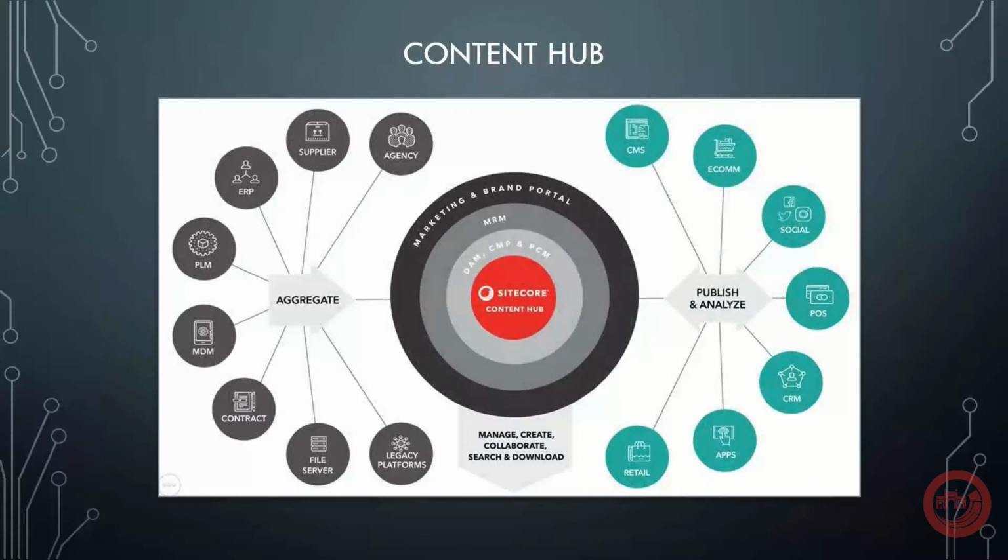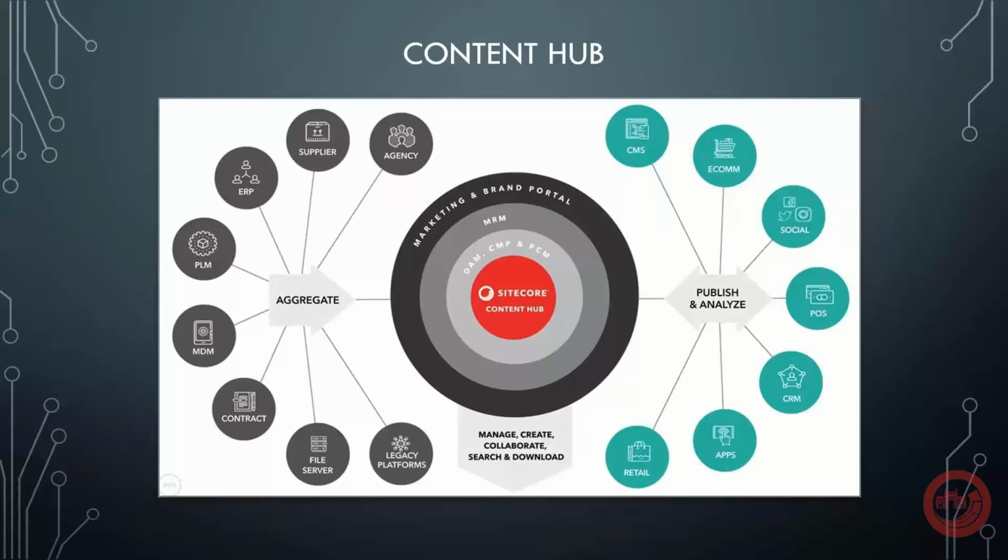So here is the famous picture that's presented in many Content Hub sessions, if you haven't seen it already. And what is Content Hub? Just a quick overview. The name itself is self-explanatory, right? It's a hub of all content that is aggregated from different source systems.